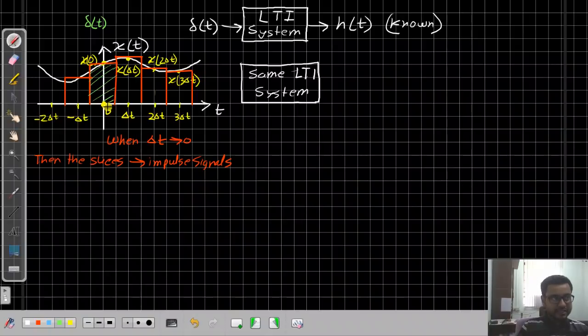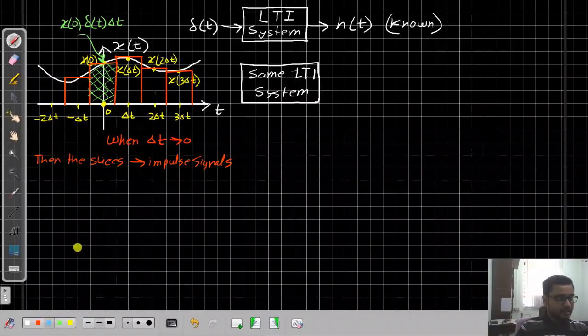Width is delta t, and then I have to multiply by the height. So let me write it here, x(0). So this is this green part of this signal.